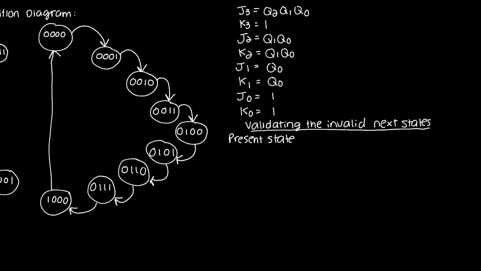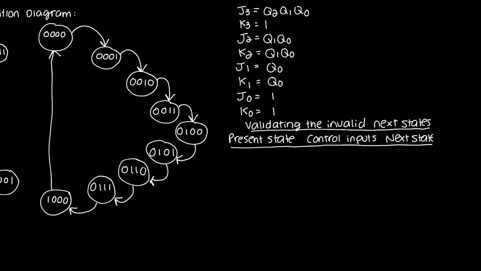So we have present state, and in an excitation table, this is where we would have the next state. But here, I'm going to write what the control inputs are. And over here, we're going to figure out what the next state is going to be. In an excitation table, I know the present state and I know the next state, and the job of an excitation table is to determine the control inputs that take me from one to the other. What I'm doing here is subtly different.